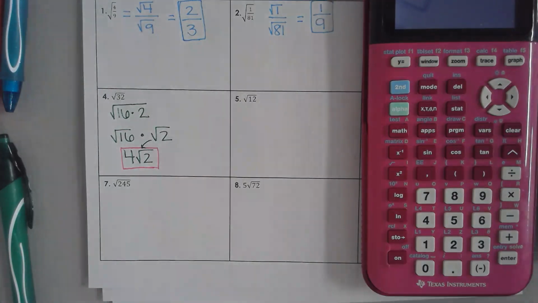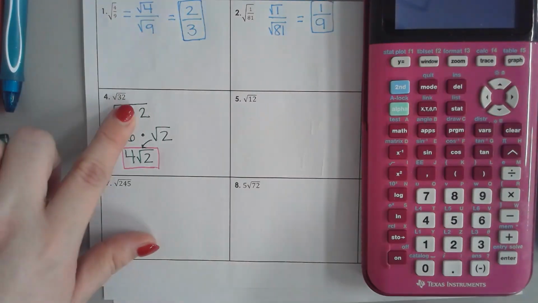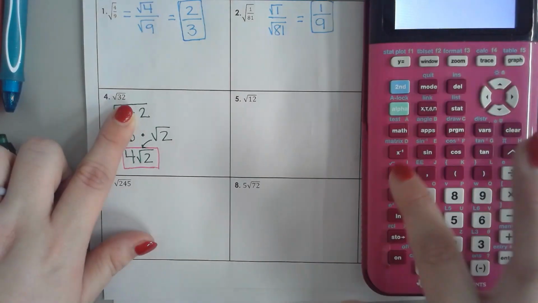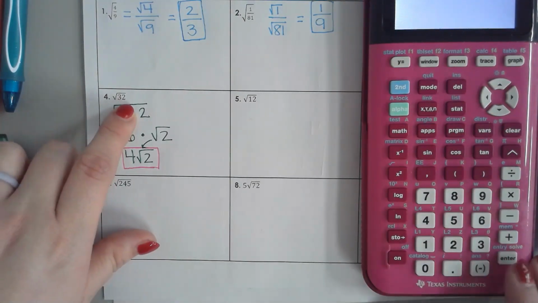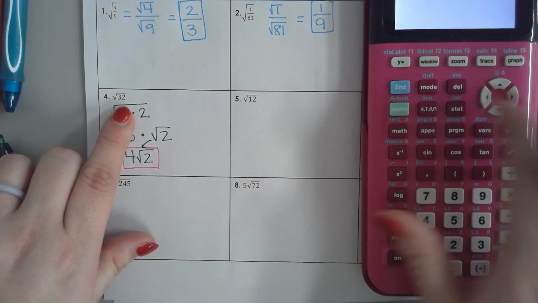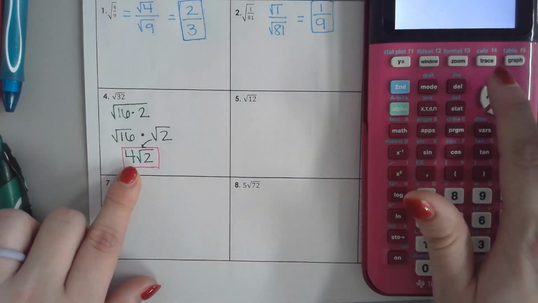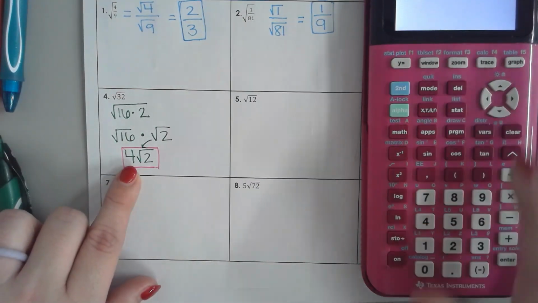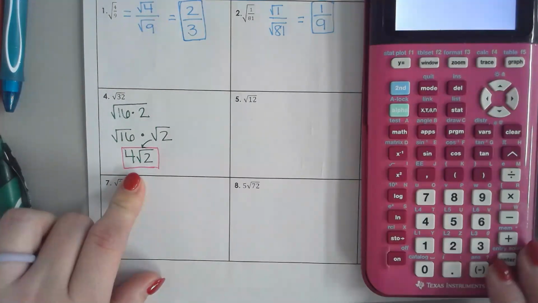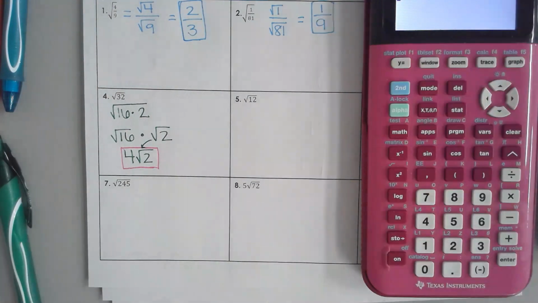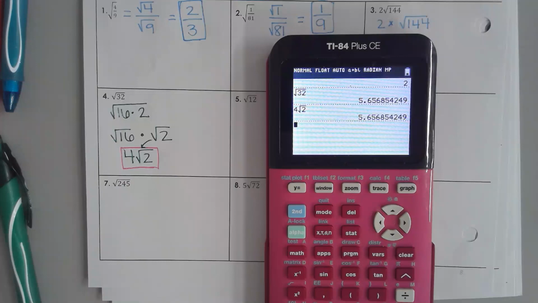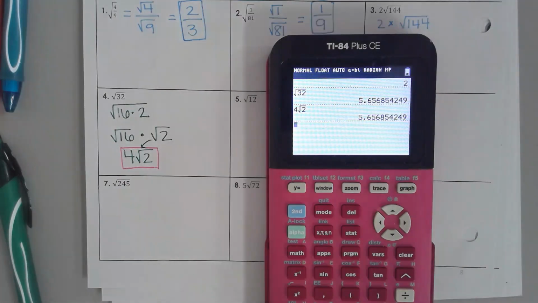If you want to check yourself, you can type in the square root of 32, and you can type in 4 square root of 2. If those decimals match, then you're probably correct.